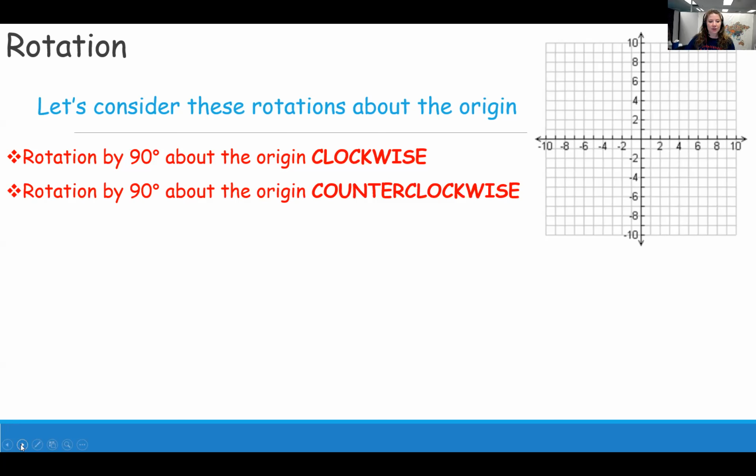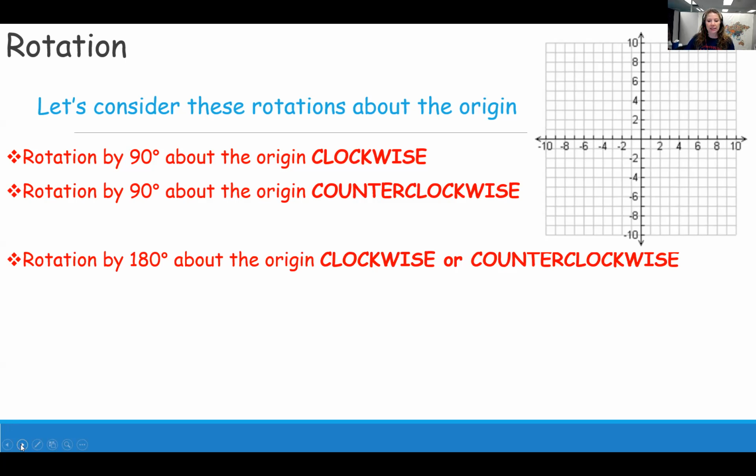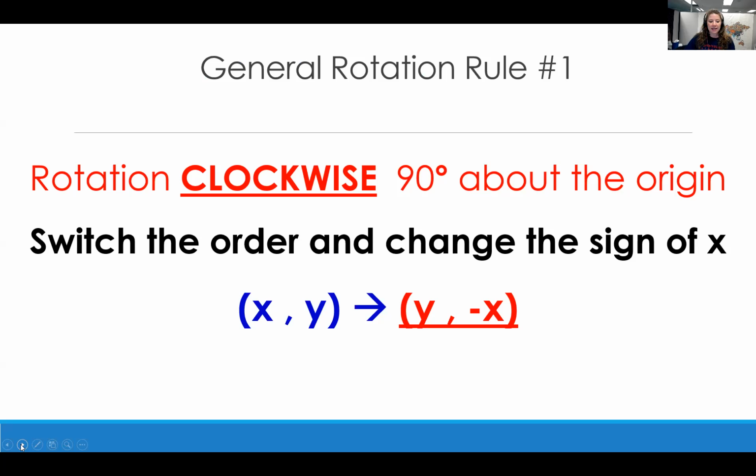So we can either turn things 90 degrees clockwise or 90 degrees counterclockwise or 180. It doesn't matter if it's clockwise or counterclockwise, it's going to turn the figure upside down. So it doesn't matter which direction. I'll get to 270 in a second.